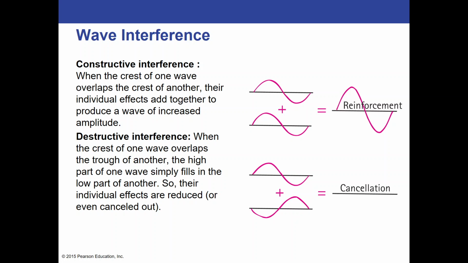Their individual effects add together to produce a wave of increased amplitude. So a crest and a crest overlapping make a bigger crest. Destructive interference is when the crest of one wave overlaps with the trough of another. The high part of one wave simply fills in the low part of another, so their individual effects are reduced or even canceled out.